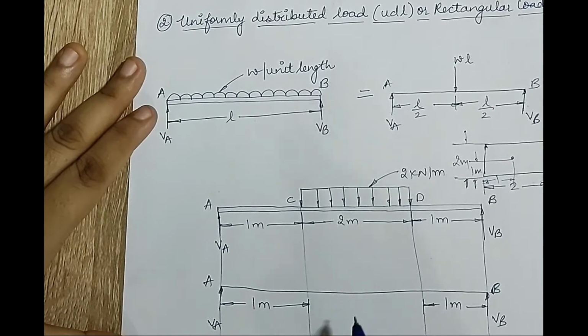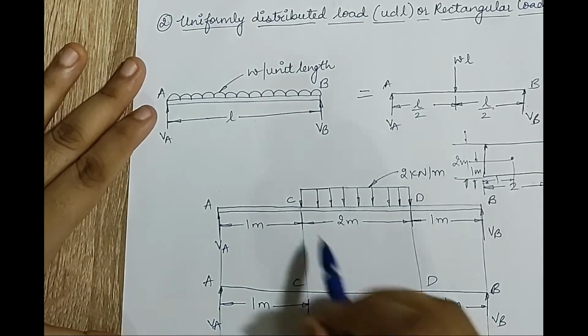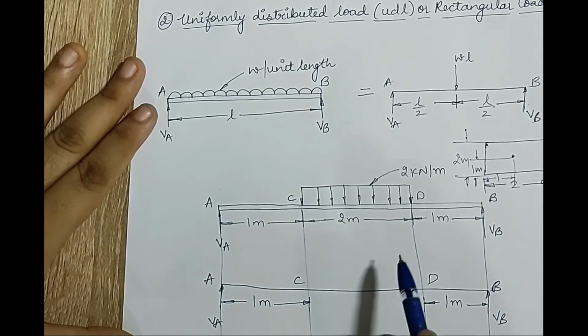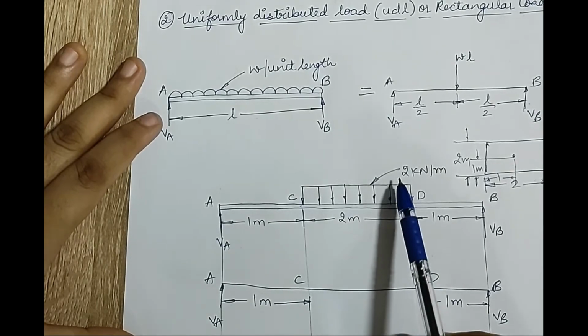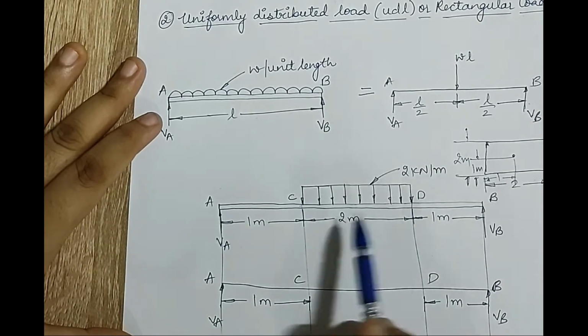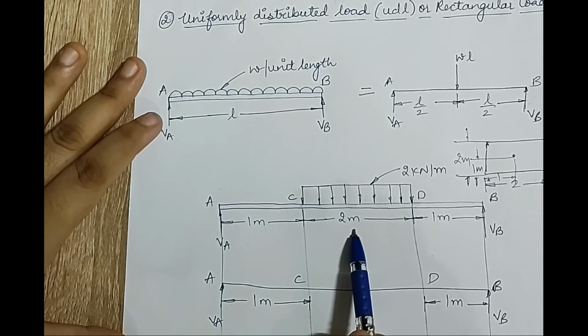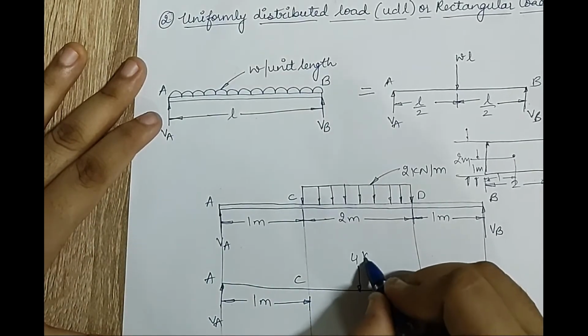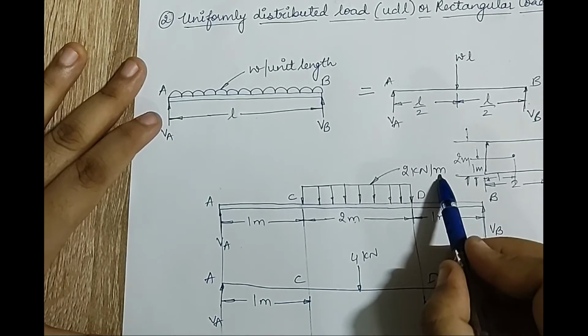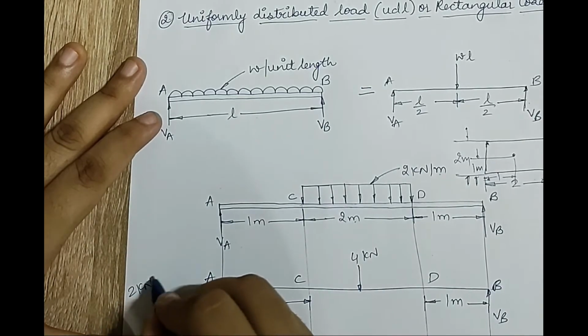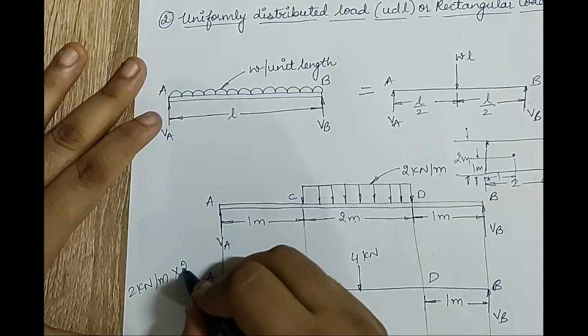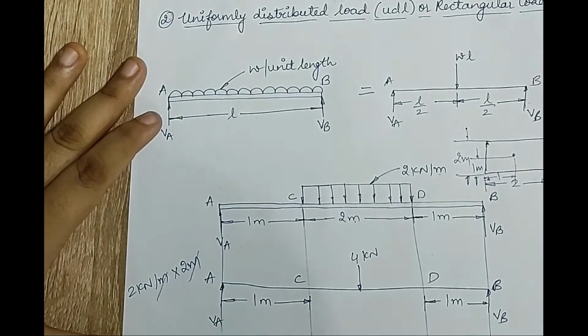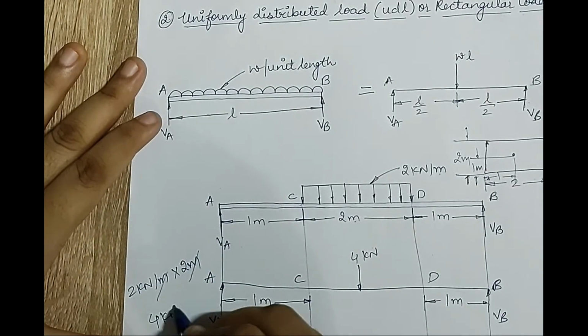Now the CD portion has to be resolved because it is a UDL portion. So here I will multiply 2 into 2, which is 4, and it will be exerted at half because it is at CG. So I'll mark over here 4 kilonewton. When you have 2 kilonewton per meter multiplied with 2 meter, obviously this meter gets cancelled and what remains is 4 kilonewton.